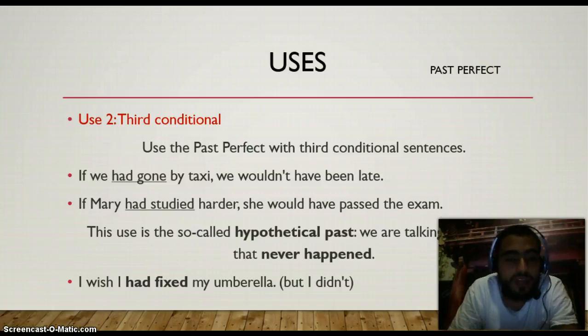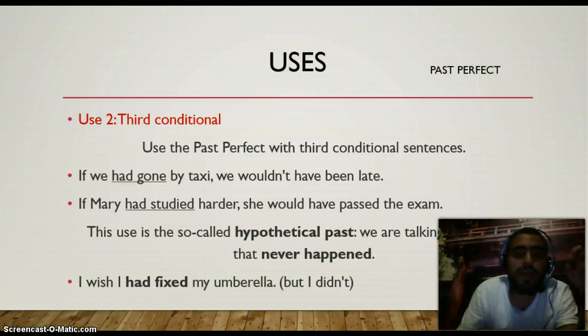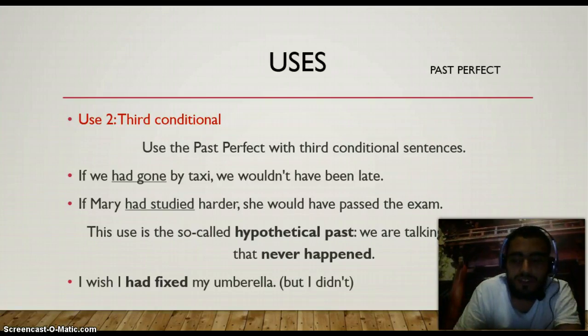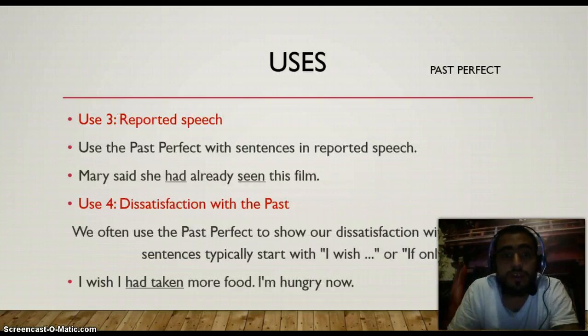So we have there another example with a hypothetical past, because we are talking about things that never happened, you know. There's an example here: I wish I had fixed my umbrella, but I didn't.